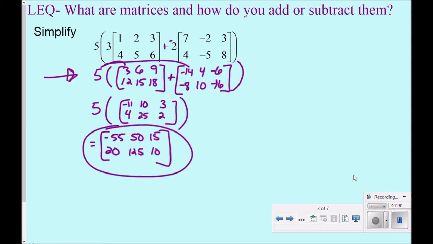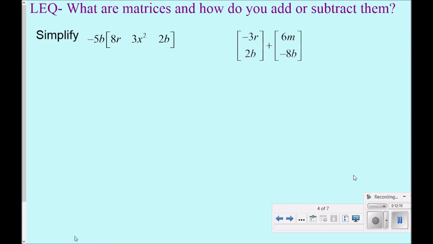That's fine. So in other words, because matrices follow order of operations, they also follow all of the rules of math, which we know that's really just the distributive property there. So matrices follow the distributive property as well. Okay, but just as easy to do it the way we did also.